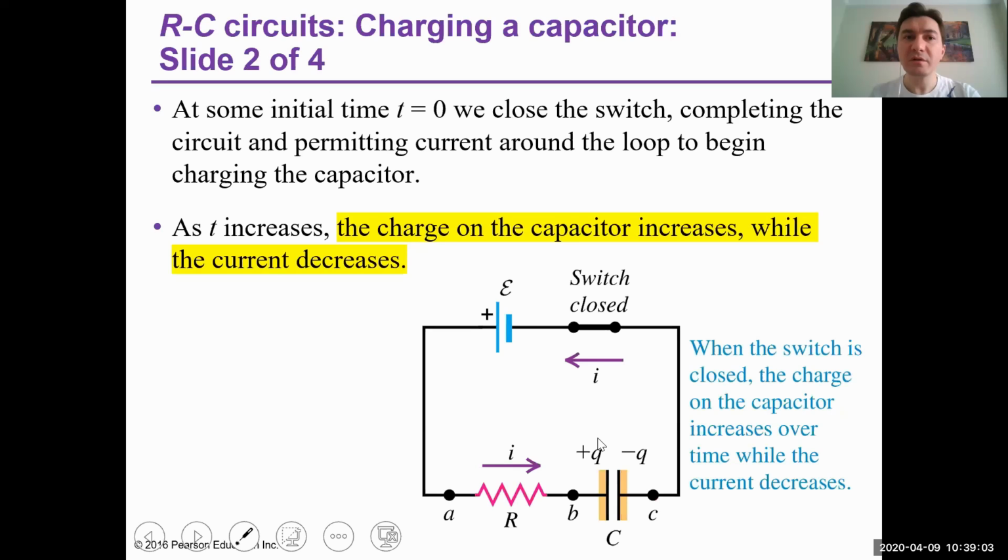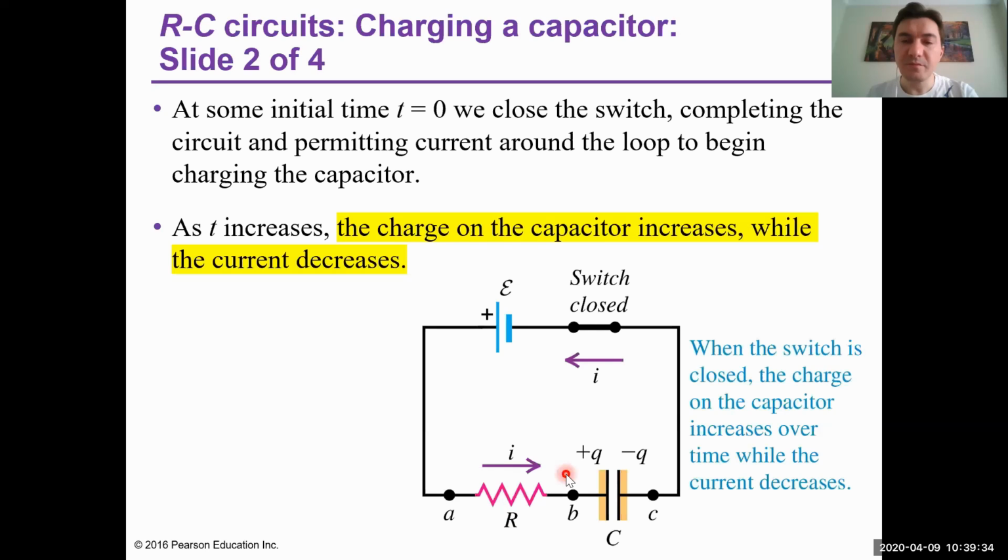Now let's consider that we have closed the switch, and then current starts to travel within that circuit. So at some initial time when t is zero, we close the switch, completing this circuit and permitting current around the loop to begin charging the capacitor.